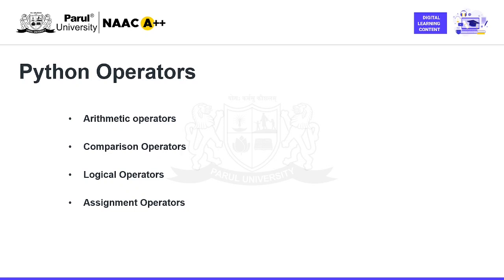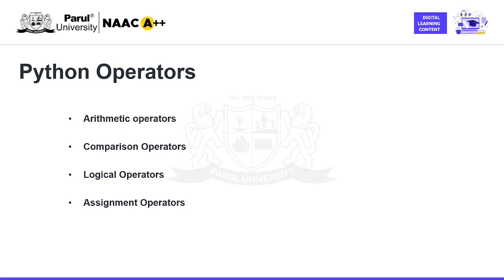For example, if you are performing A plus B, this is known as an addition operation. This whole process is known as an operation, and every operation consists of two things: one is operator and another is operand.